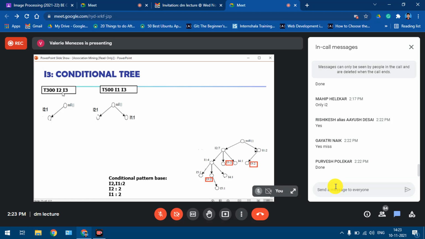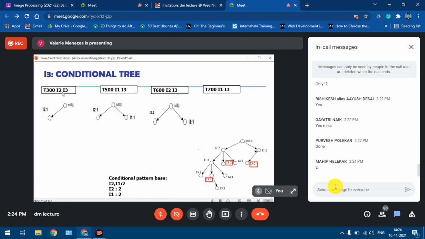Then the next one, I2, I3, is repeated, so we just increment the count of the I2 node. What will be the count of the I2 node? It is 2.